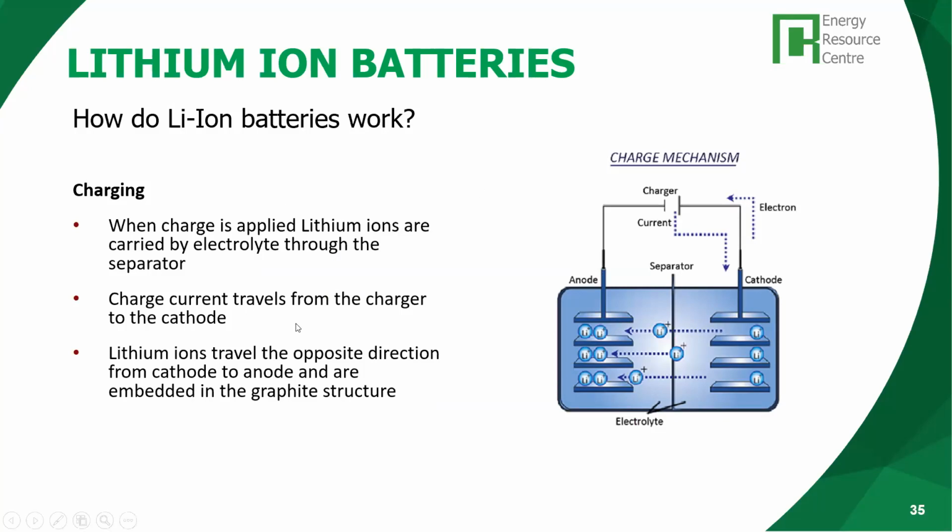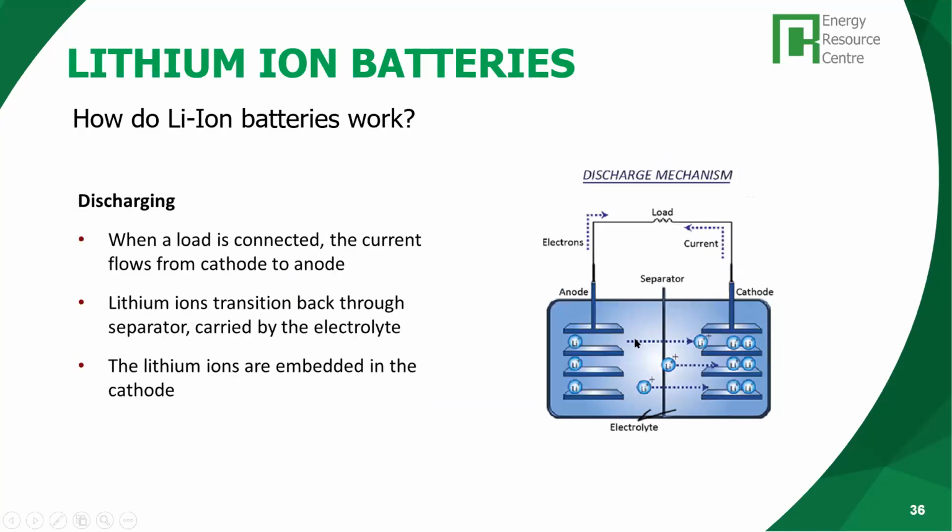Here we have a displacement of the lithium ions from one electrode to the other, and when it is a discharge process, we have the reverse trip, from the anode to the cathode. So in a lithium-ion battery, we have a chemical reaction involving the movement of the lithium ions, carried by the electrolyte.